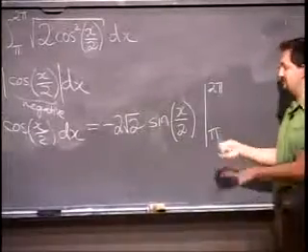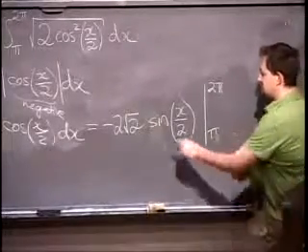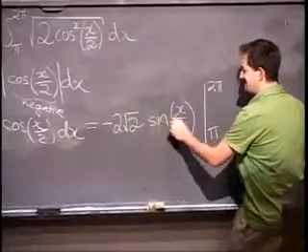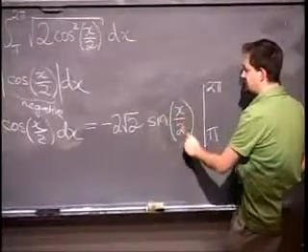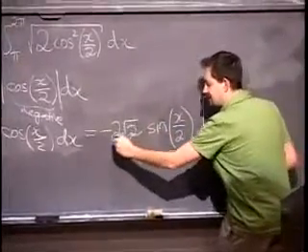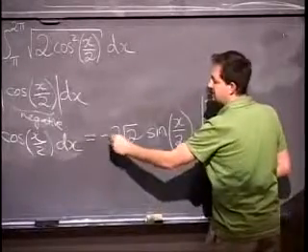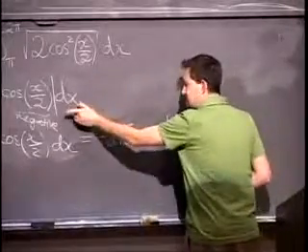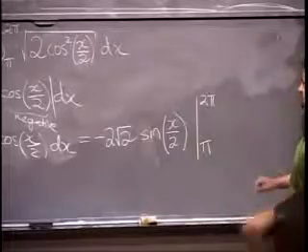So there's a lot of ingredients going on here. Just double check this. If you differentiate sine x over 2, you get cosine x over 2 times 1/2. That 1/2 kills off this 2. And the minus sign is because of the absolute values. So lots of stuff going on here.